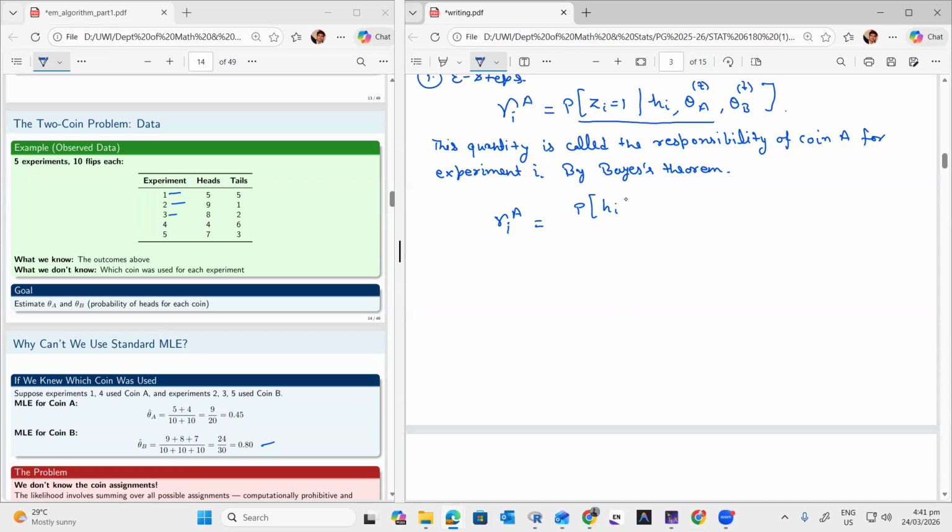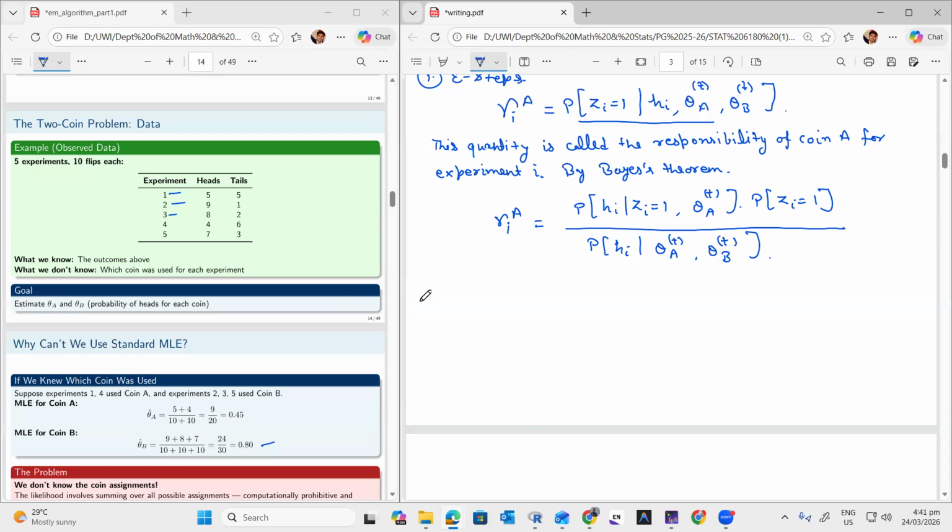This will equal the probability of Hi, given that Zi equals 1 and with parameter theta A(t) at the t-th iteration, into the probability that Zi equals 1, divided by the probability of Hi, given theta A(t) and theta B(t). All right. When we simplify this one, what will happen?